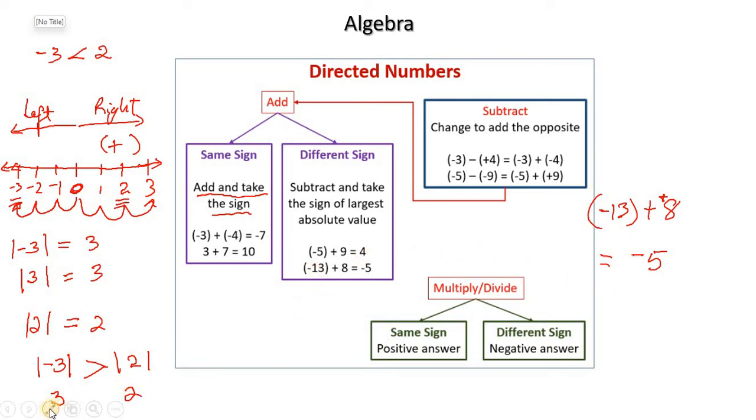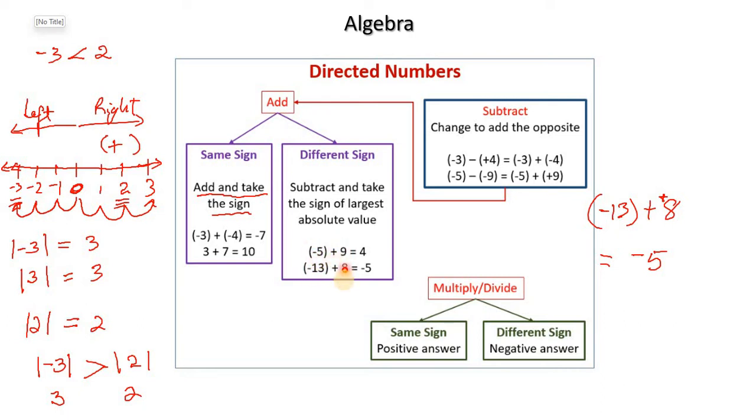I was just thinking of it as the signs are different, so it's negative. Oh, no. Look at this one, -5 and 9. The signs are different, right? So we subtract. We get 4. But we have to think about which sign we keep. Will we keep negative or will we keep positive? It depends on which one has the larger absolute value.